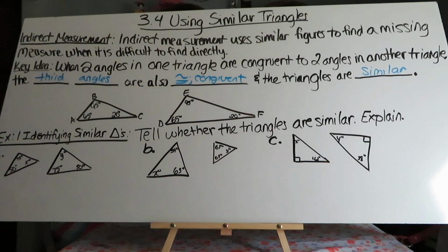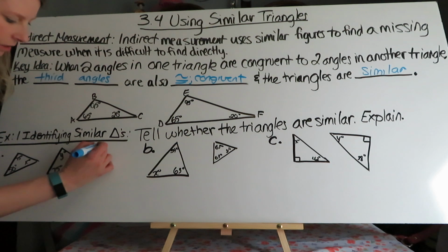Well, first triangle, we have 50 degrees, 75 degrees, and an unknown. This is 50 degrees, 75 degrees, and an unknown. So are they similar? Yes.